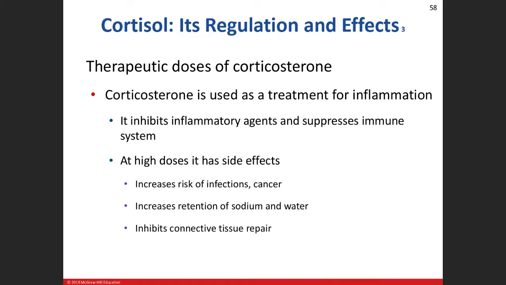Oh, that's right. All right, let me wrap up with this slide here. When we talk about corticosterone, and when you hear about people getting a steroid shot, this is what they're referring to. And this hormone is great for inflammation. The reason why is because it prevents phospholipase A2. We talked about that at the beginning of this chapter.